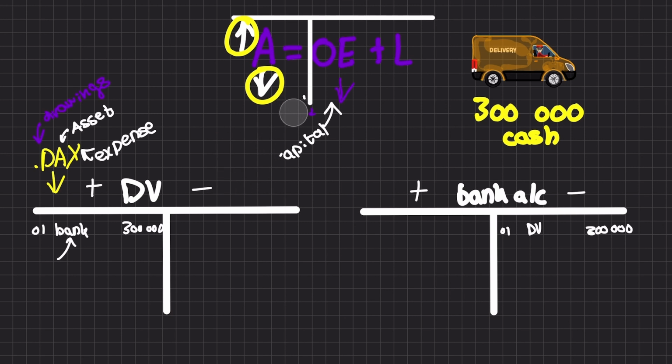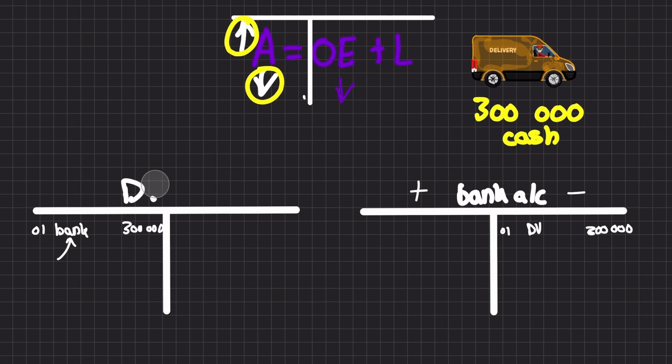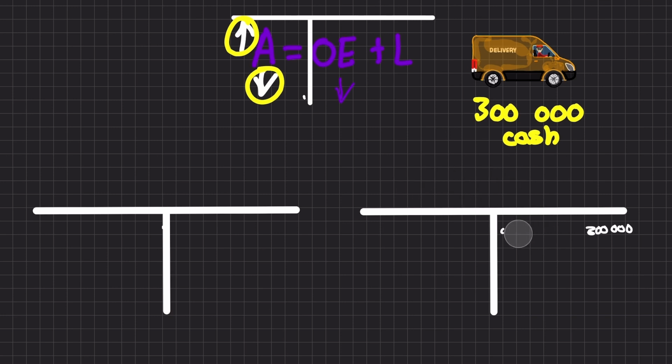So now let's look at another example, and we can use our little acronym to help us out. Let's say, for instance, that Pedro, my cousin, wants to pay the electricity bill, and let's say the electricity bill is 30,000.